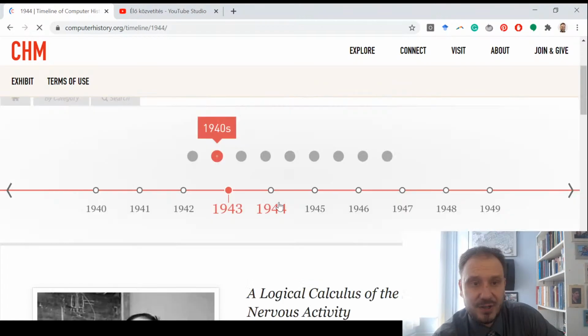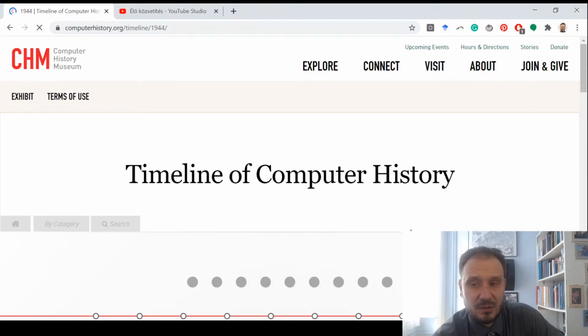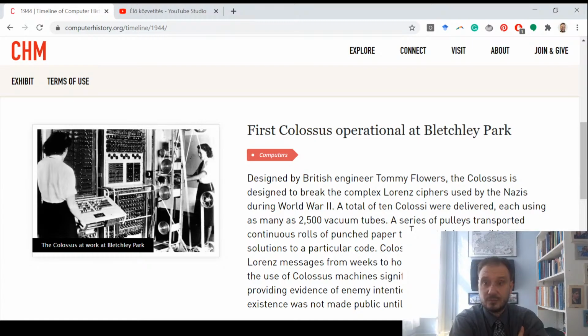Later, at the end of the war, we can see the first Colossus operational. It was designed to break a complex cipher used by the Germans in the Second World War, and it was built around 2,500 vacuum tubes. It's interesting that a series of pulleys transported continuous rolls of punched paper containing possible solutions to a particular code.